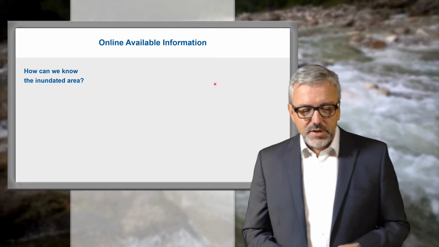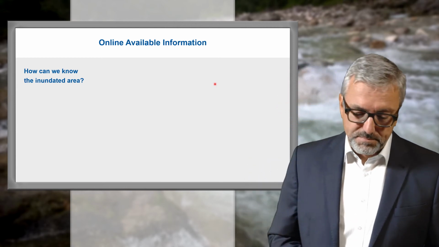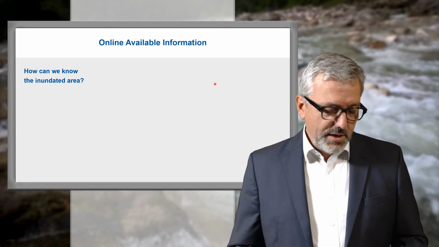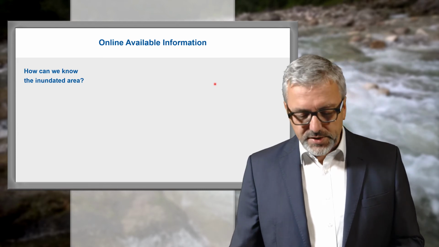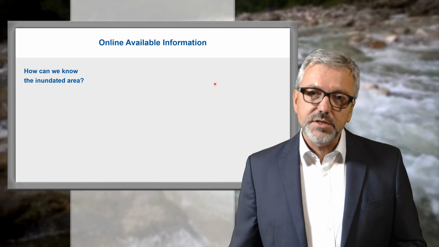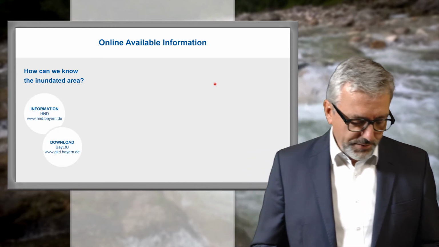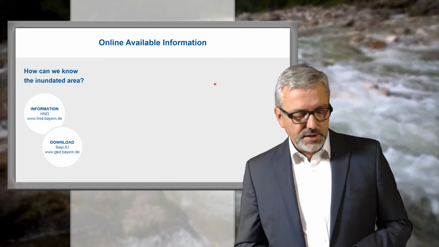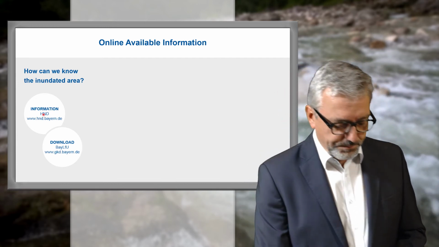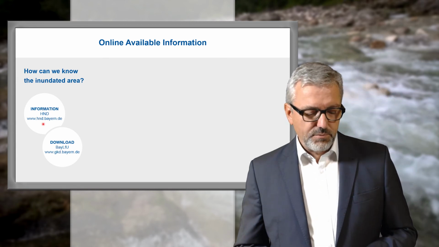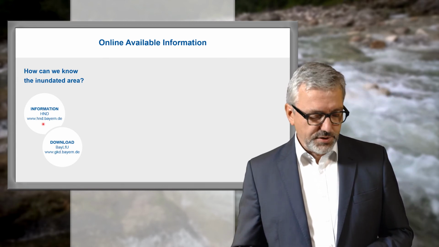Yeah, but now let's go to information. What information do we have on the internet? Bavaria is very well equipped with internet-based information. We have two portals here on the internet. One is the flood forecast portal from the Bavarian Water Authority.